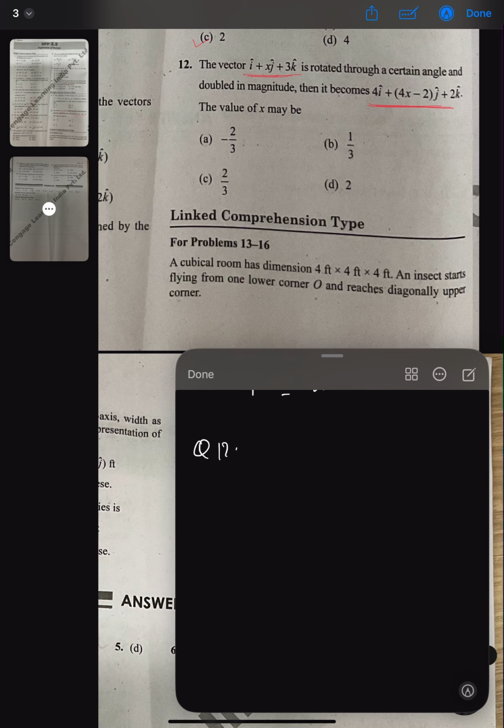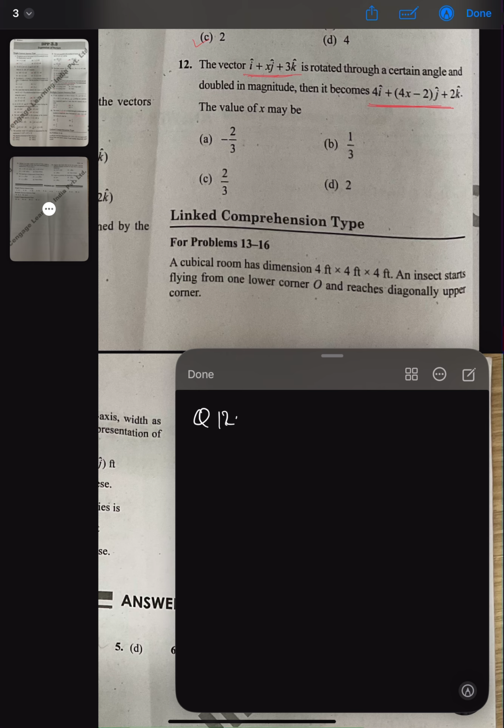They have given the rotational part just to confuse you, because there is only one variable, and one equation could simply be formed by magnitude also. So the magnitude of the second vector is double the magnitude of the first vector. So let's find the magnitude of the first vector.